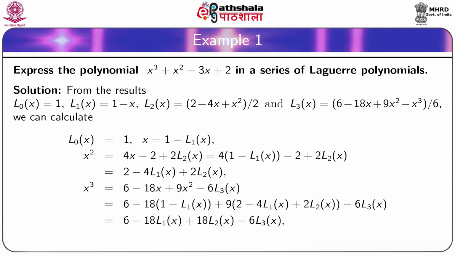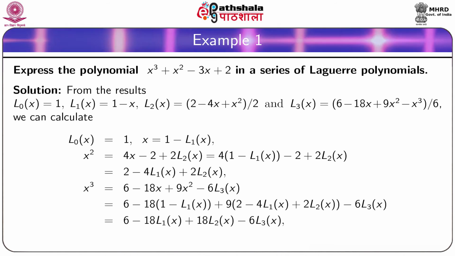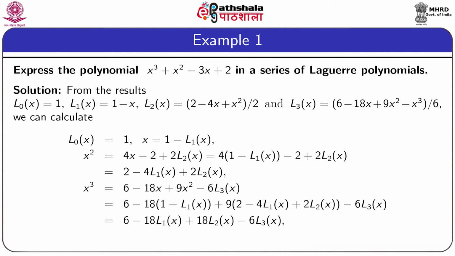So, what we have to do is find x, x^2 and x^3 in terms of the Laguerre polynomials. From the first expression L_0(x) is 1, from the second one L_1(x) is equal to 1 - x, and so we calculate x is equal to 1 - L_1(x).